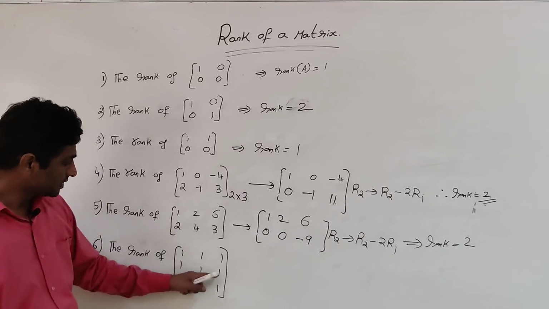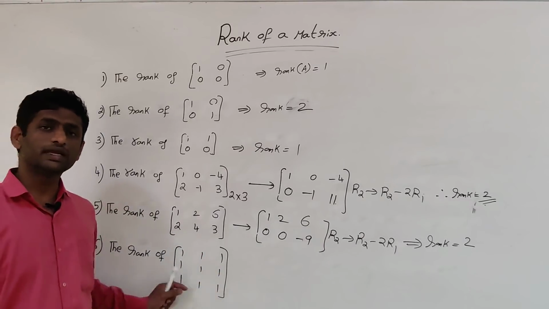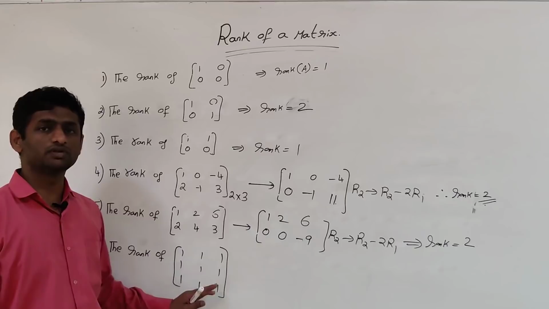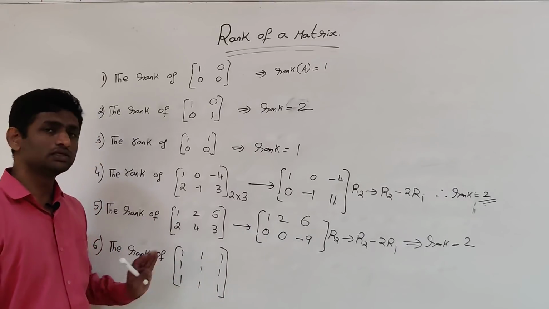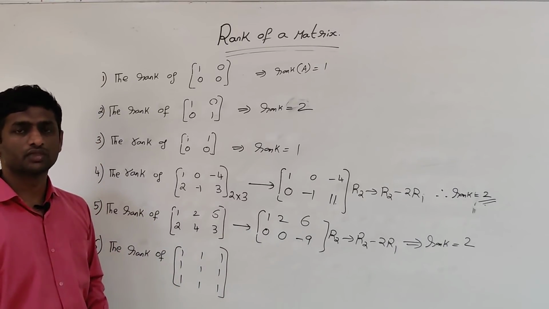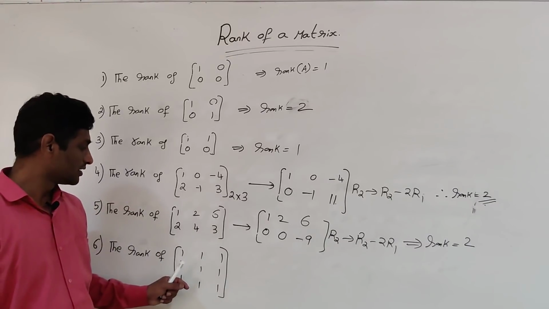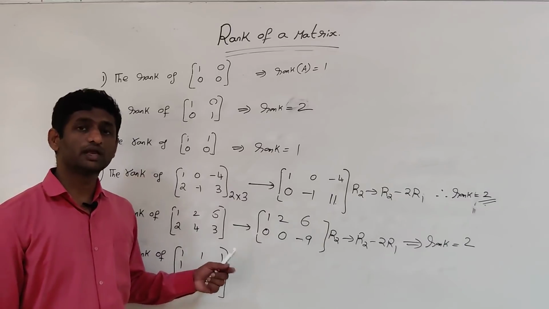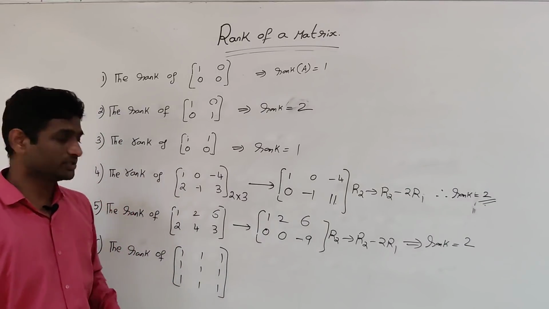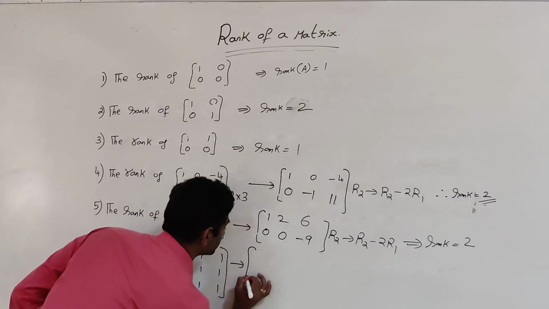If you take any 2 by 2 square submatrix, the determinant will be 0. So it is singular. Hence the rank of the matrix is 1. But if we convert into the echelon form by using elementary operations, then what will it be?